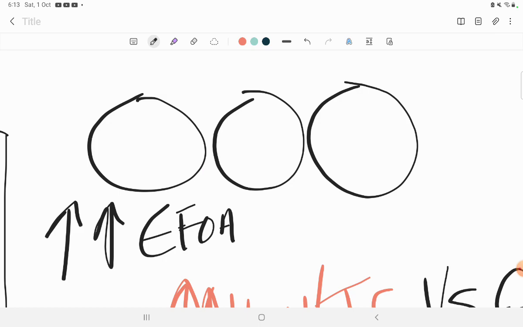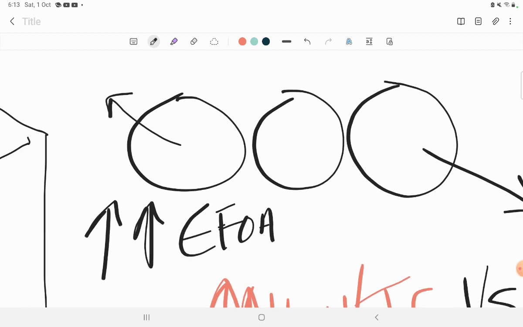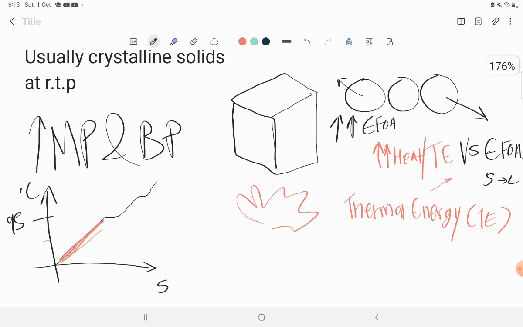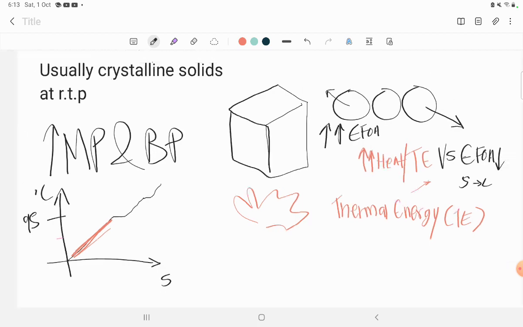With nothing holding them back, they can start to move away from one another. But again, they need a lot of heat for them to move away. So that's why they have high melting and boiling points.